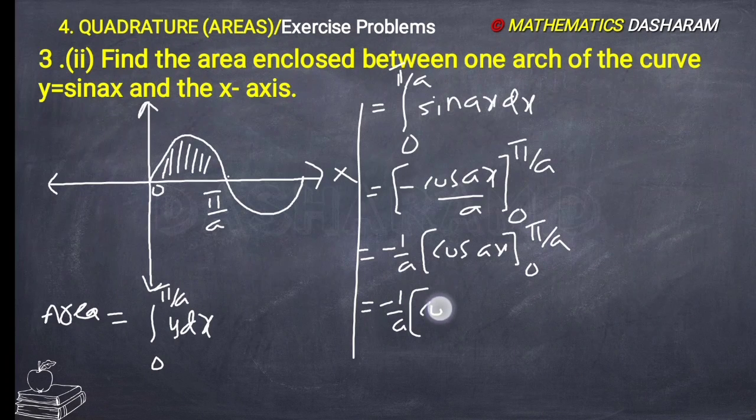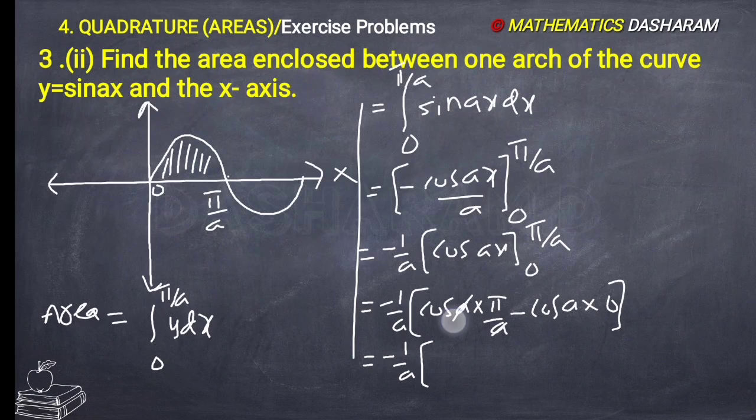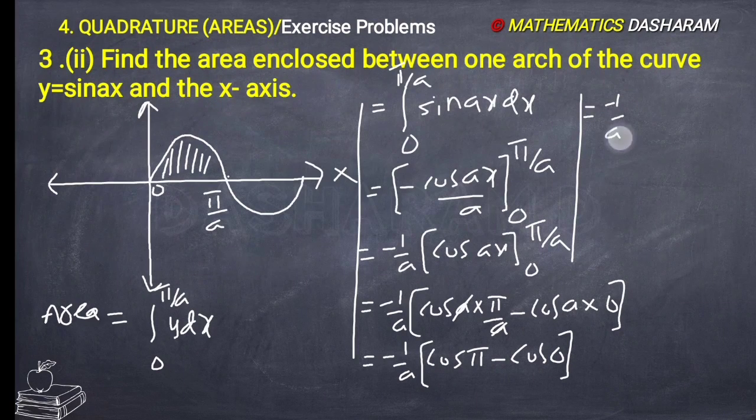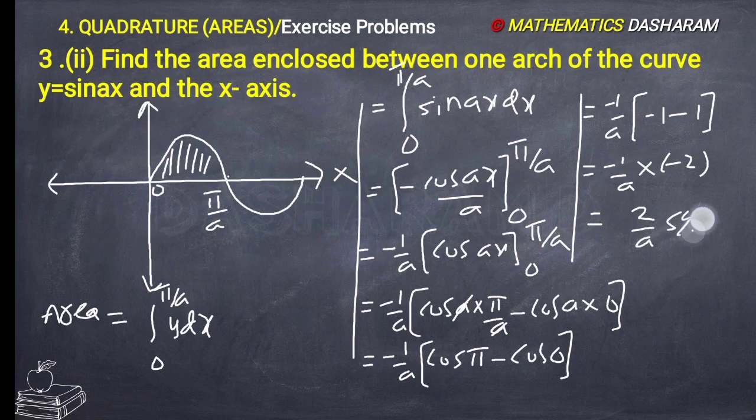Minus 1 by a, cos a into pi by a minus cos a into 0. So it is equal to minus 1 by a. Here a cancels, cos pi minus cos a into 0 is 0. So it is equal to minus 1 by a, cos pi value is minus 1, cos 0 value is 1. So minus 1 by a into minus 2. So minus into minus, 2 by a square units.